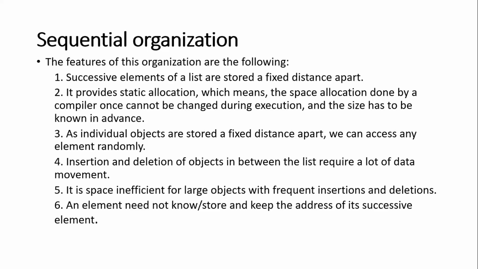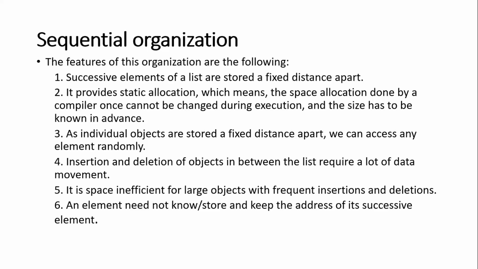So we can access any element randomly. Randomly in the sense that you need not check or read the elements before that element. Using the index, you can randomly pick up any element from the object.